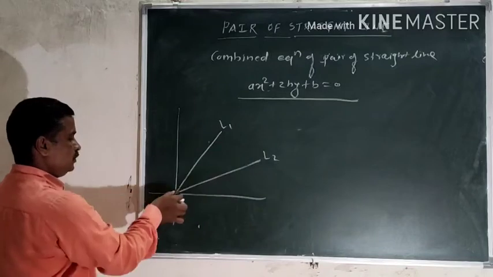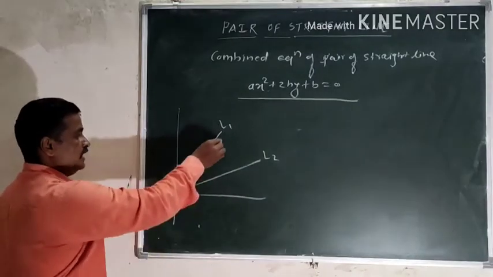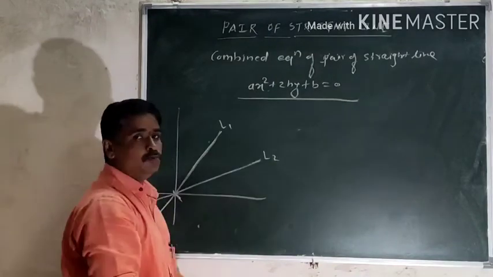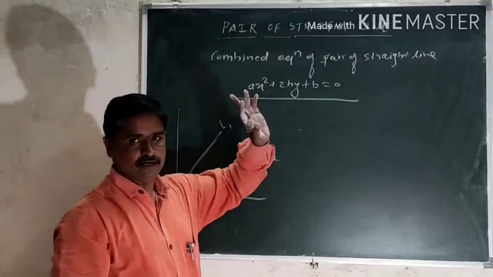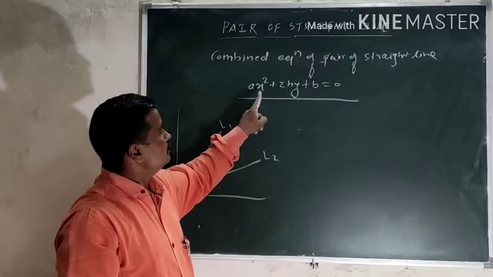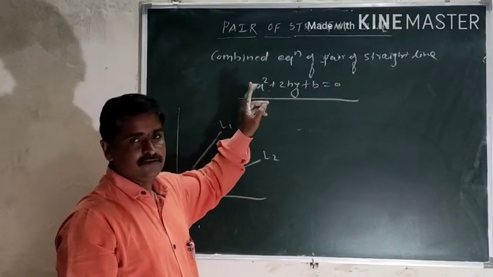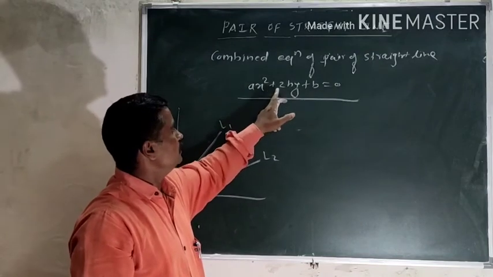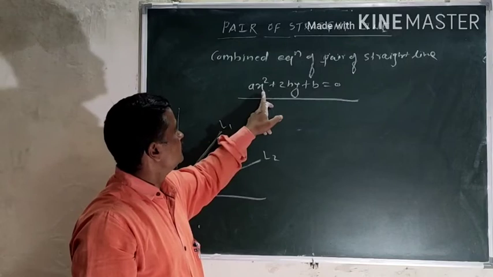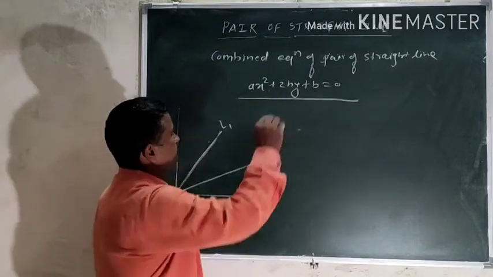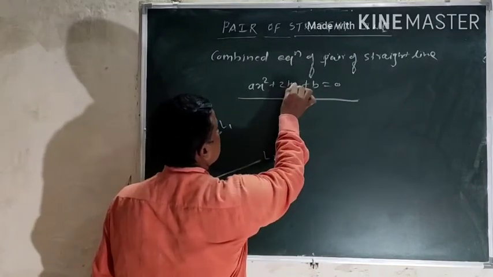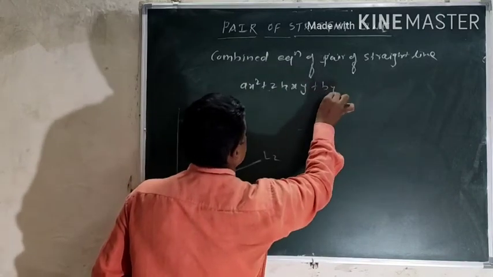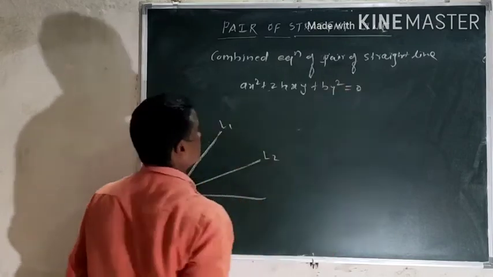If L1 and L2 pass through the origin, then the combined equation of L1 and L2 is a homogeneous equation in x and y, that is ax square plus 2hxy plus by square equals 0.